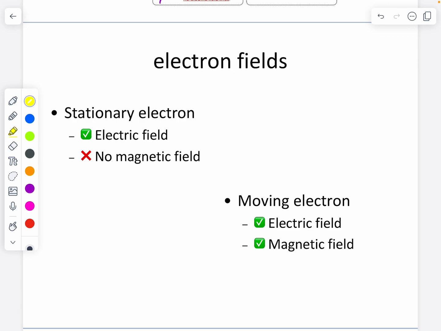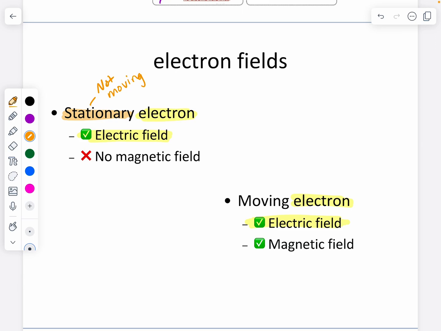Now, if we're talking about electrons, electrons are always going to have an electric field. So this is talking about electron, and yep, we have an electric field. This is talking about electron, and sure enough, we have an electric field. The difference between these two little lists is the word in front of the electron. If we have a stationary electron, stationary means not moving, that means it is only going to have an electric field.